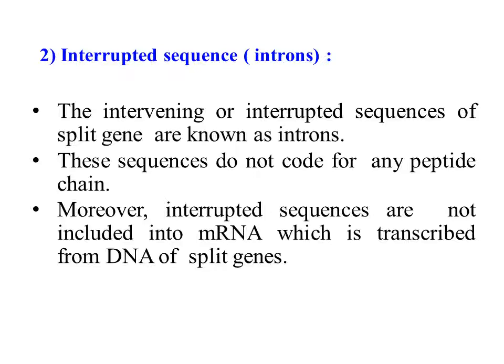The interrupted sequences are part of hnRNA, but they are not part of functional mRNA. That means they are not taken into consideration during the translation process. Before translation, they should be removed from the RNA.